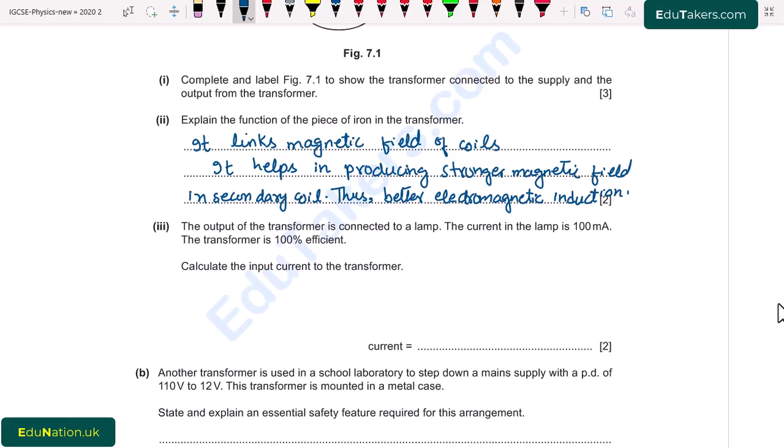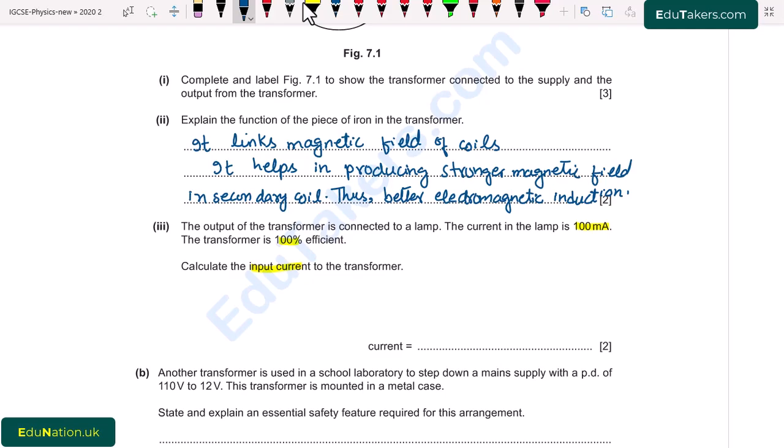Part 3. The output of the transformer is connected to a lamp. The current in the lamp is 100 milliampere. The transformer is 100% efficient. Calculate the input current to the transformer. Here you can see that the transformer efficiency is 100%.